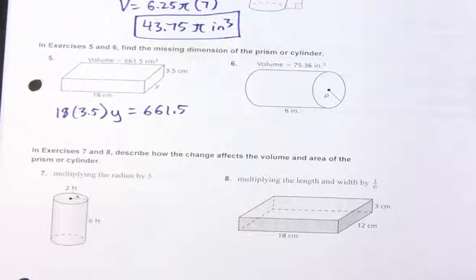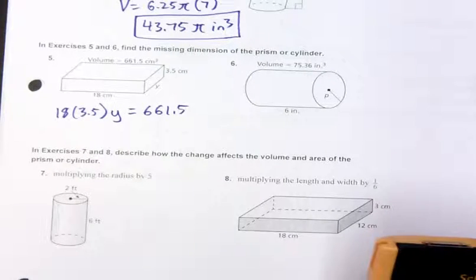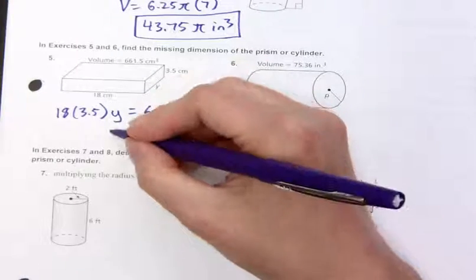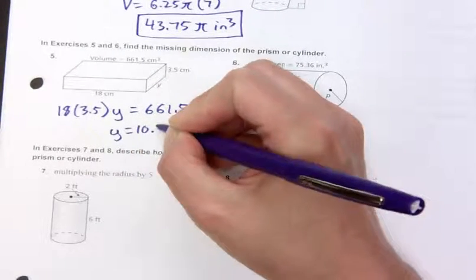Some people need to see the equation. And so then when you do the math, it just comes out to y equals 10.5, right?